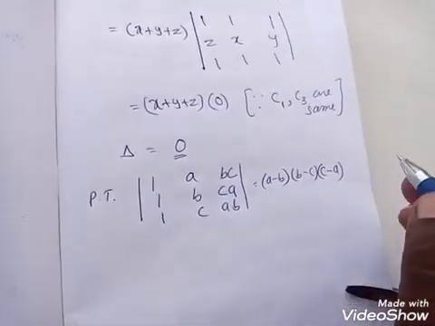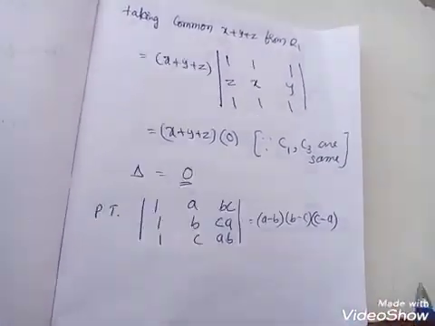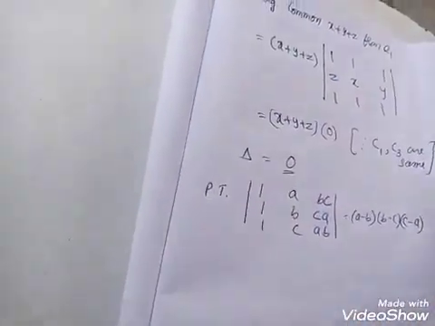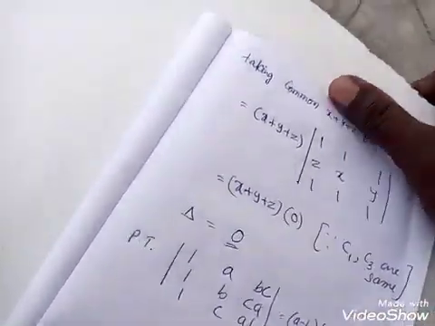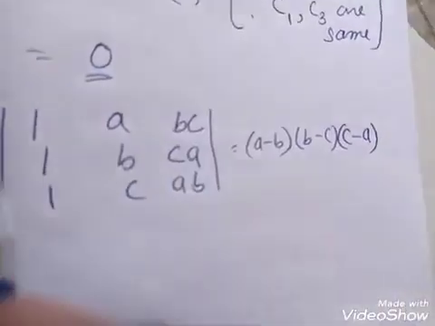Observe there, this type of problem you are going to get with the same wording, but in terms of x, y, z also you will get that: 1, x, yz; 1, y, zx; like that. You have to prove that it is x minus y into y minus z into z minus x.